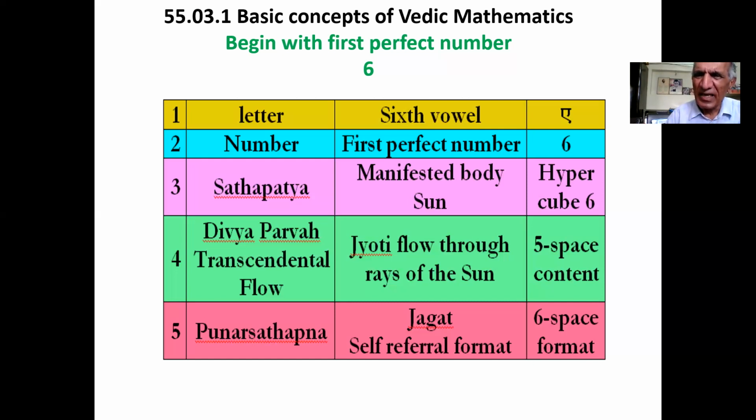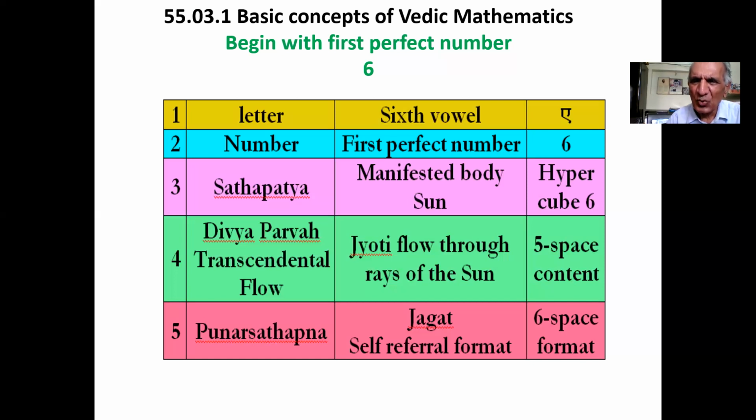So the vowel A as value number 6 takes us to hypercube 6, the representative regular body of a 6 space in 4 space. The manifested expression is our Surya. 6 is a Surya Ank.